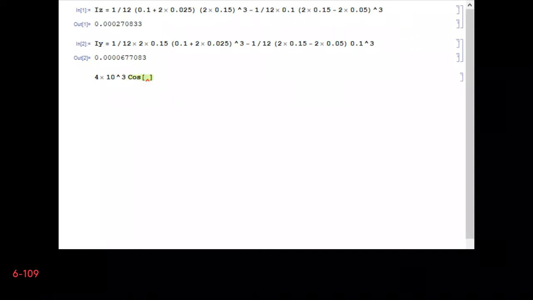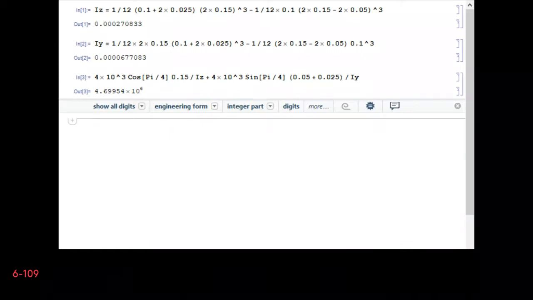Cosine 45 is equal to pi divided by 4, multiplied by 0.15 divided by Iz, plus 4 10 to the power 3 multiplied by sine pi divided by 4, multiplied by 0.05 plus 0.025, and we will divide it by moment of inertia around y-axis, so Iy.